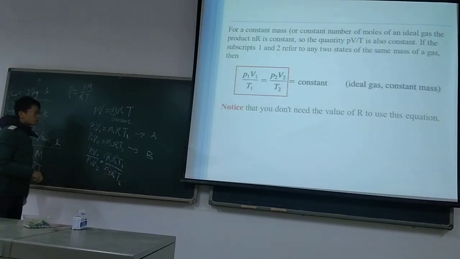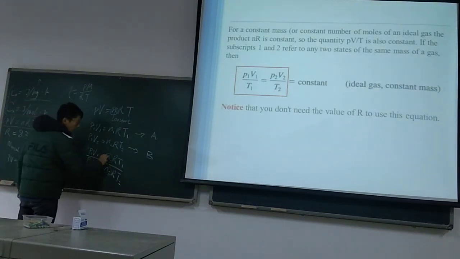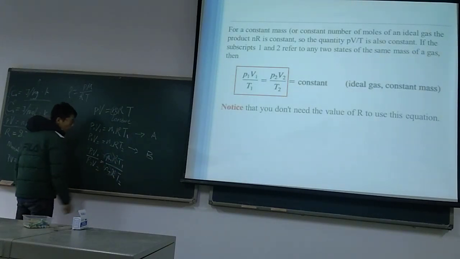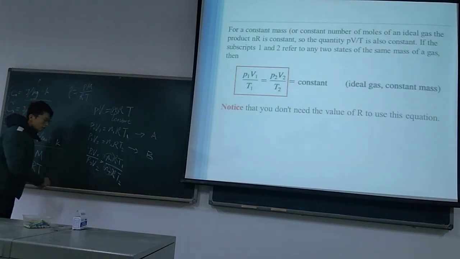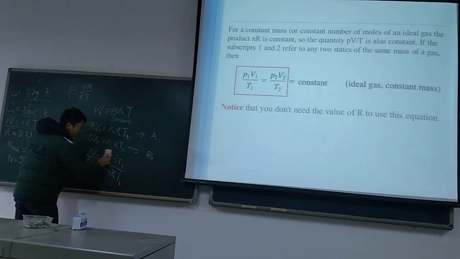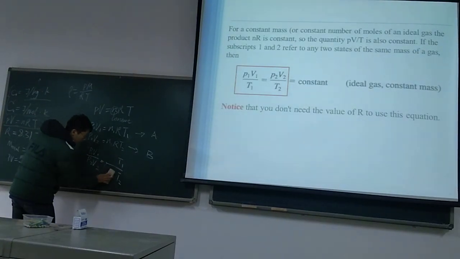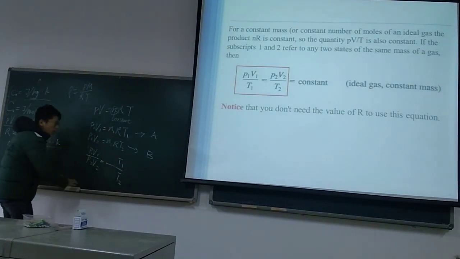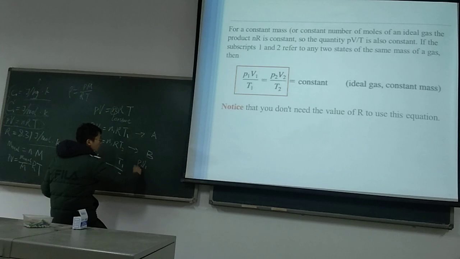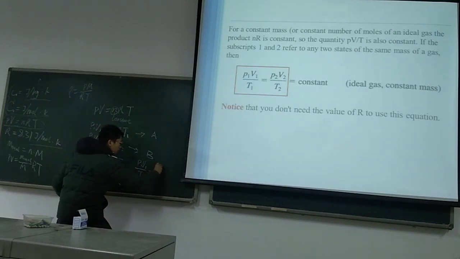If the mass is constant, which means N1 equals N2, then R is always a constant, and in the final result only P, V, and T are left. You can write it like this, or translate it as P1 V1 over T1 equals P2 V2 over T2.